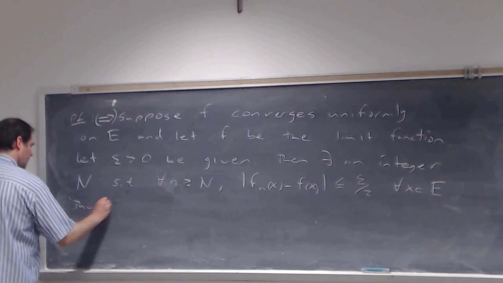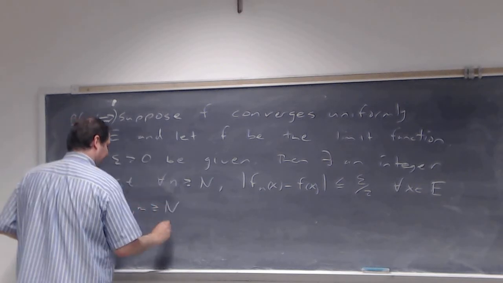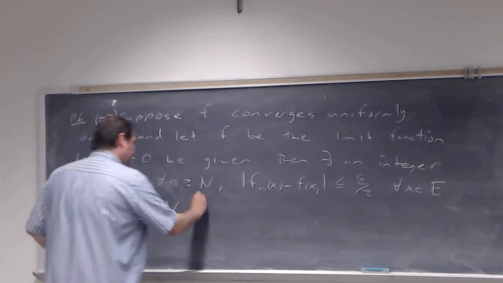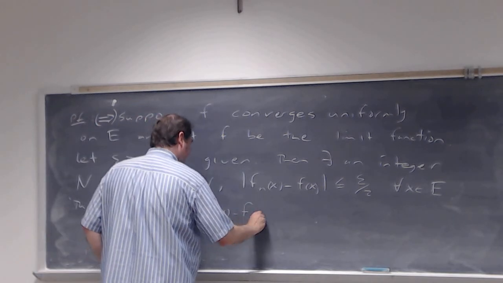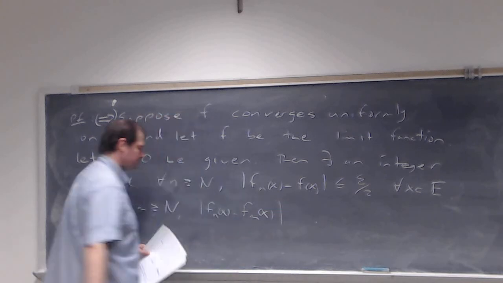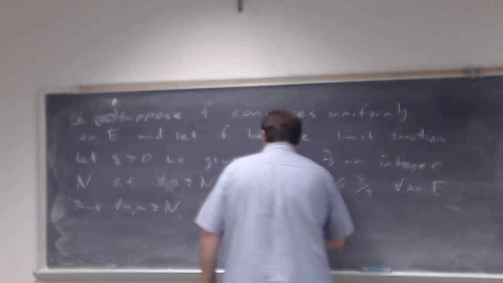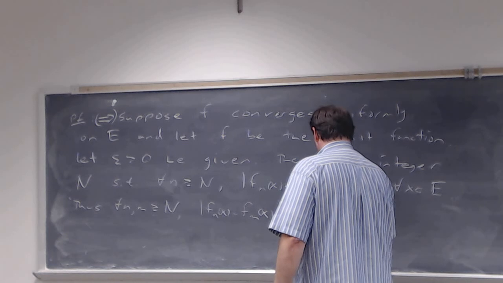Thus, for all n and m greater than or equal to this big N, the norm of f sub n of x minus f sub m of x is equal to, well, we'll add and subtract f within this norm.